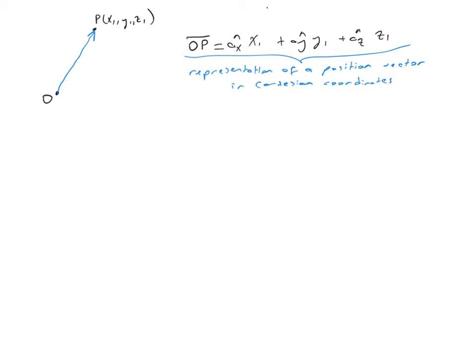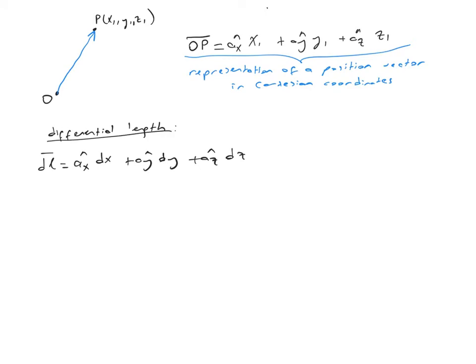The expression for differential length in Cartesian coordinate is: differential length has three components in the direction of ax, ay and az.